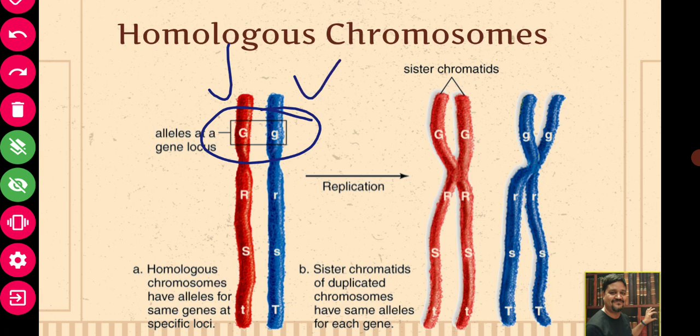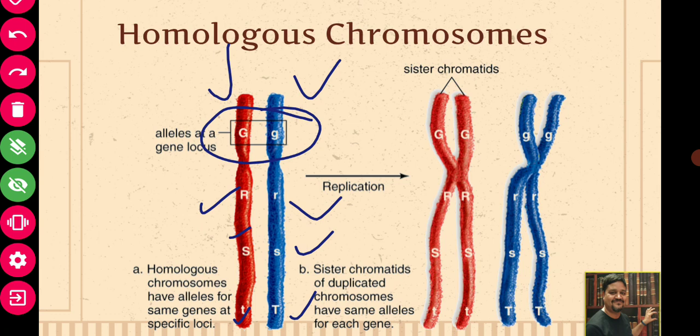At a particular locus, the allele from the mother is capital G, and from the father it is small g. Similarly capital R, small r, capital S, small s, capital T, small t. These are the arrangements of genes in the homologous chromosomes, which have alleles for the same gene at a specific locus.